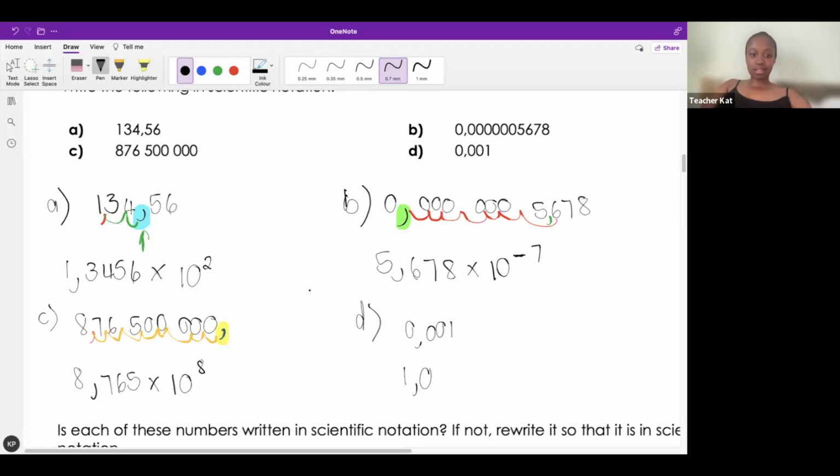You don't have to write comma 0. You can just write 1 times 10. Are we moving it left or right? We're moving it right. So my exponent is negative. And how many times am I moving it? 3 times. Negative 3. Done.